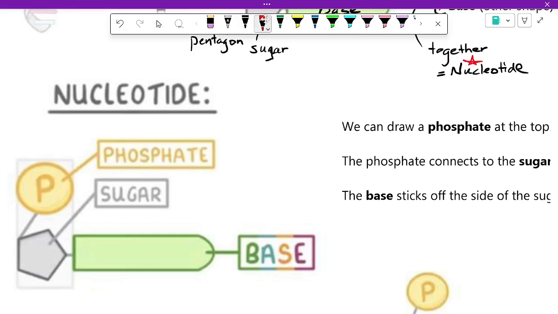Sometimes we will also call this a nitrogen base, because this base contains some nitrogens. But if you just want to call it base, that is fine. Okay? So phosphate, sugar, and base makes a nucleotide.